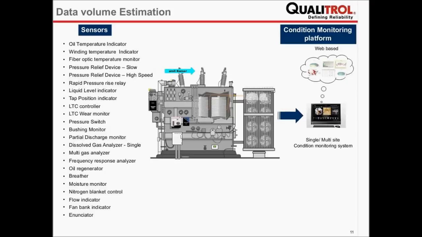So you are getting data from these sensors every minute, and every minute this data should be stored in a database, and that database should have analytics to correlate the different parameters and give you continuous or real-time health assessment of the transformer. So you can see the data volume that you are expecting from one transformer. Now imagine if you connect 100 transformers, what kind of data volume we are expecting.